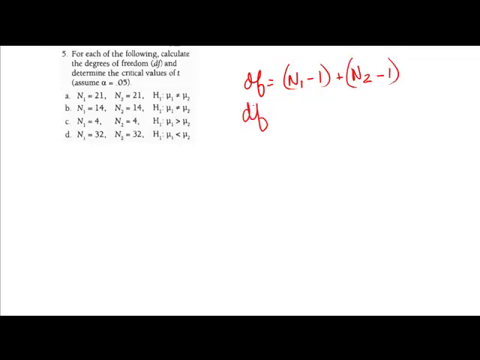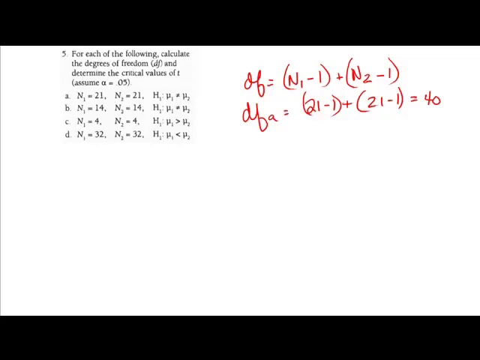So our degrees of freedom for A are going to equal (21 minus 1) plus (21 minus 1), 20 plus 20 equals 40.